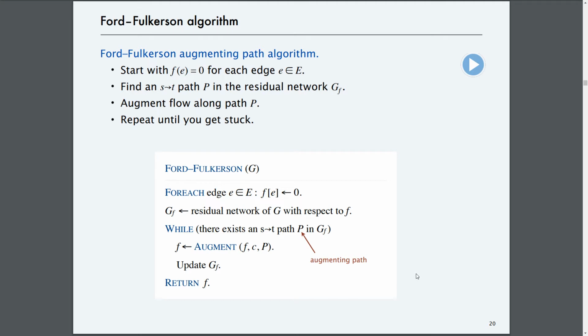Okay, so the Ford-Fulkerson algorithm, we start with the flow as 0. We find an ST path in the residual network, and then we augment the flow, and you repeat this until you get stuck. So now we have this mechanism of undoing.